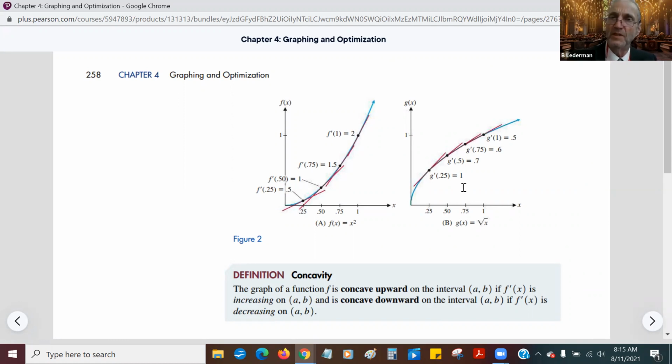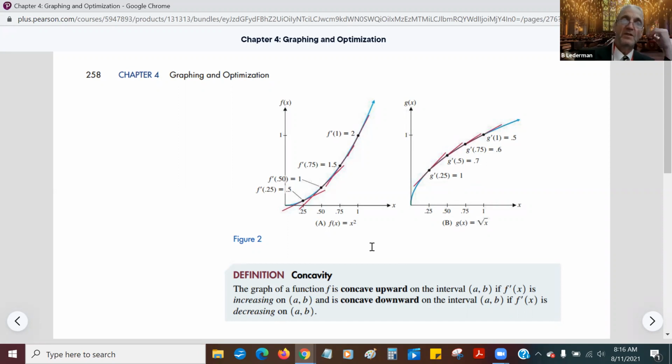Well, I'm sorry, I'm in the wrong place. Notice that these numbers here are decreasing: 1, 0.7, 0.6, 0.5, and so on and so forth. And over here, the numbers are increasing.